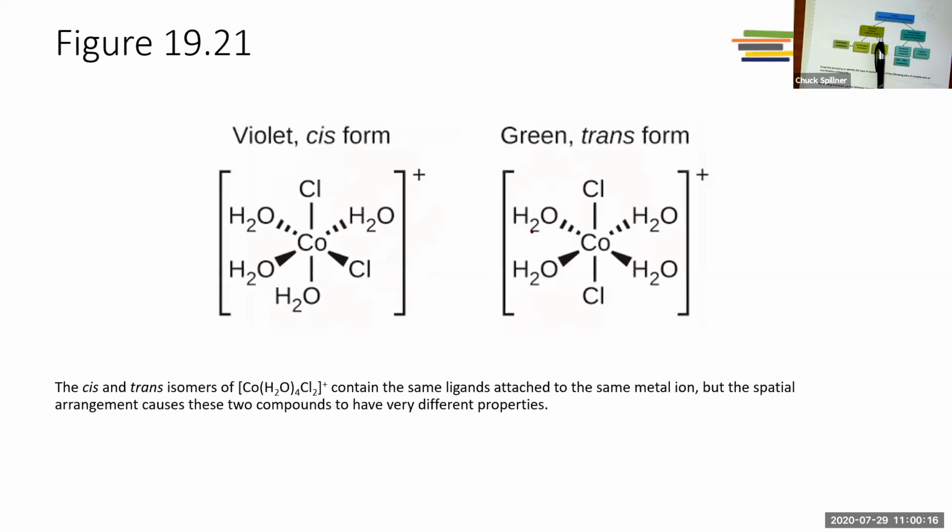And this case is another example of cis and trans. What this shows is that the isomers have different properties. I didn't mention that, but all these isomers, when we talked about the linkage isomer, when we talked about the coordination isomer, they have different properties. And when we talk about cis-trans isomers, they have different properties.